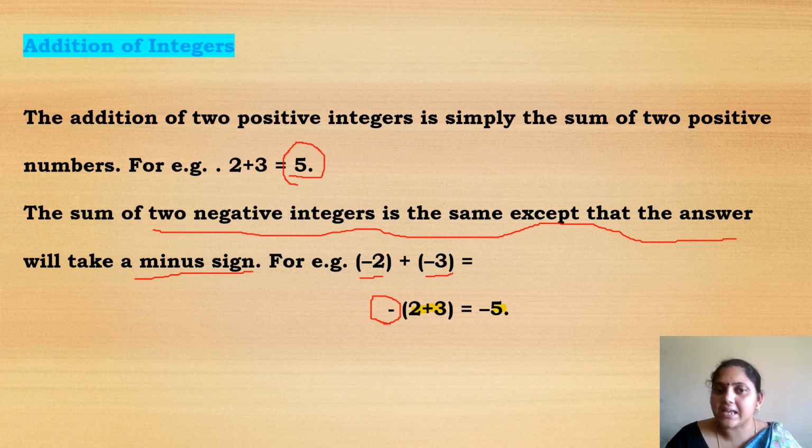But what is the sign? It is common, common minus. That's why we have to put minus before 5. So what will be our answer here? It will be minus 5. So when we add positive integers together, we get a positive number only. When we add two negative integers, we get a negative number only.